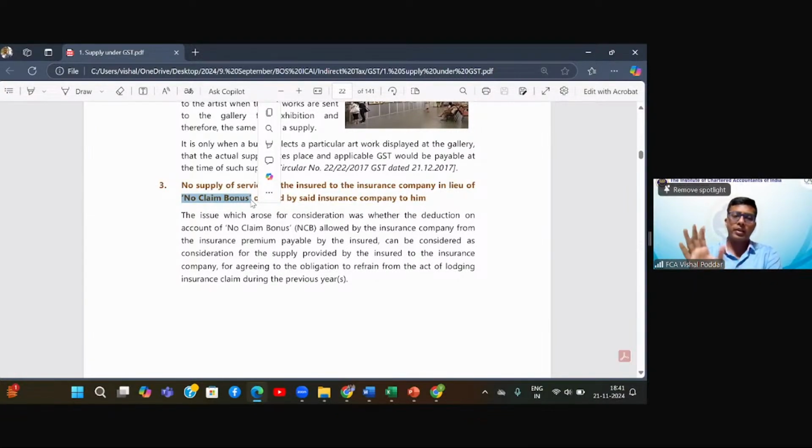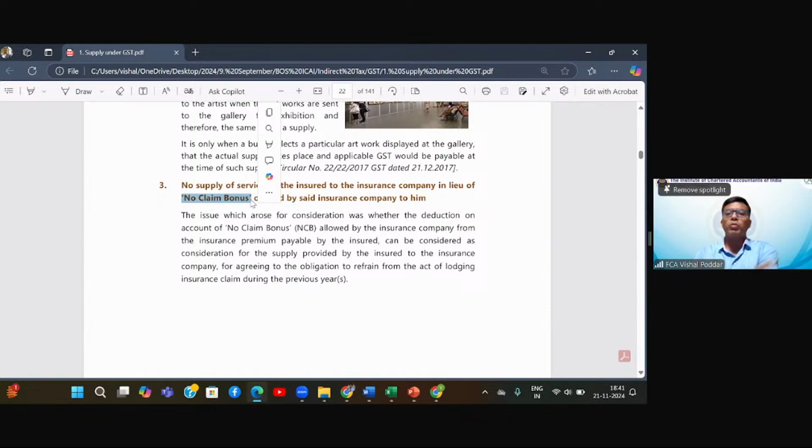You have not supplied them anything. In fact, they are also not giving you any money. It is just a discount that they are giving so that you buy the policy even for the third time. See what happens. Generally, as a human being, what we think is, I bought in the first year and nothing happened, so I feel my money is wasted. In the second year, again I purchased the policy by paying premium. Nothing happened, so I believe my amount is wasted. So I may not be induced to buy the policy for the third time.